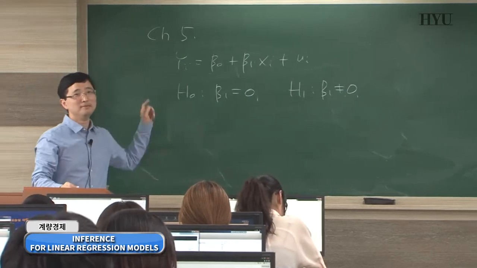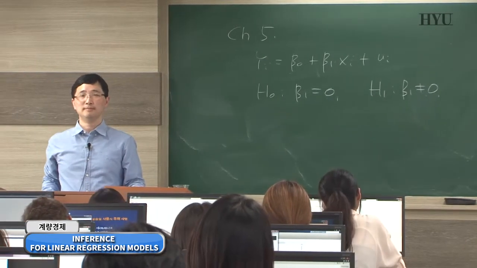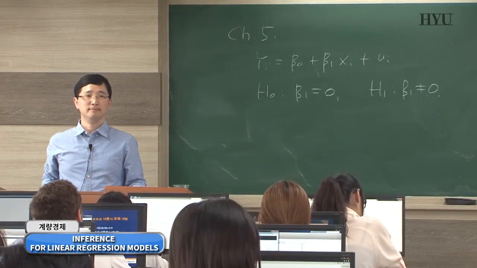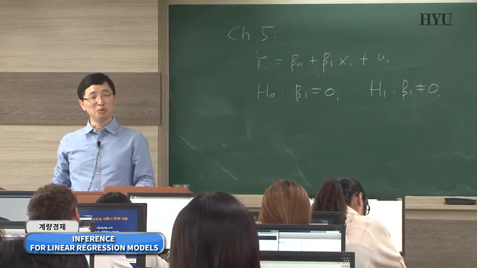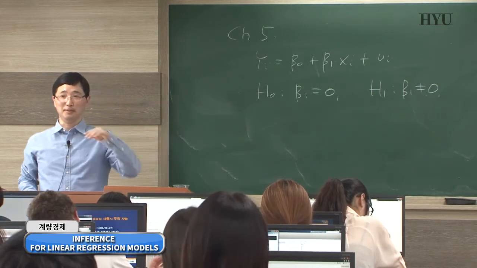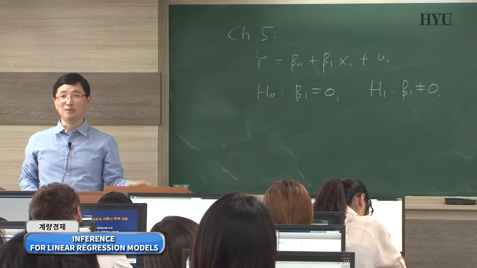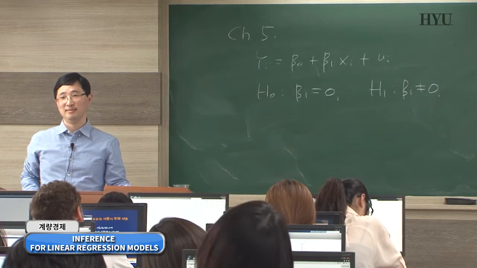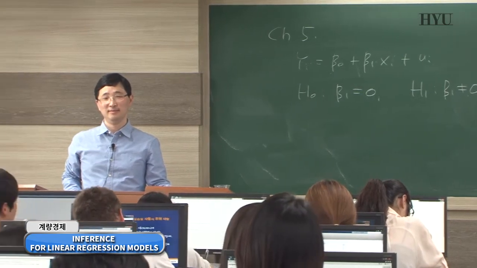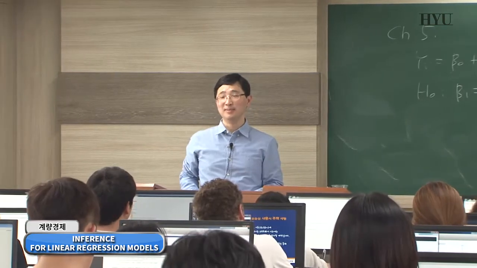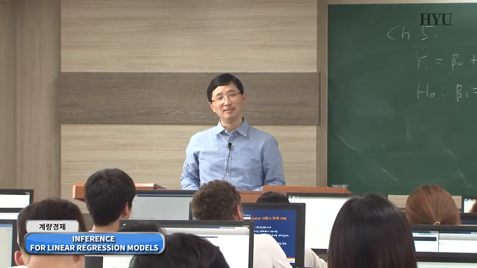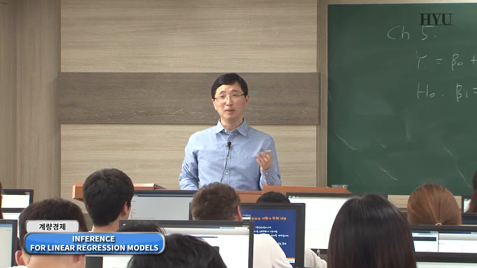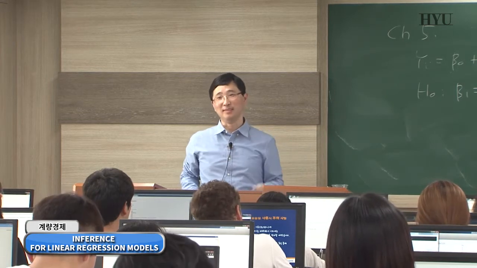Now what does it mean? What does the null say? Now suppose that the slope is 0. What does it mean? What kind of line do you have? The line is flat, right? Suppose that x is the class size, y is the test score. What does it mean when you have a flat line?